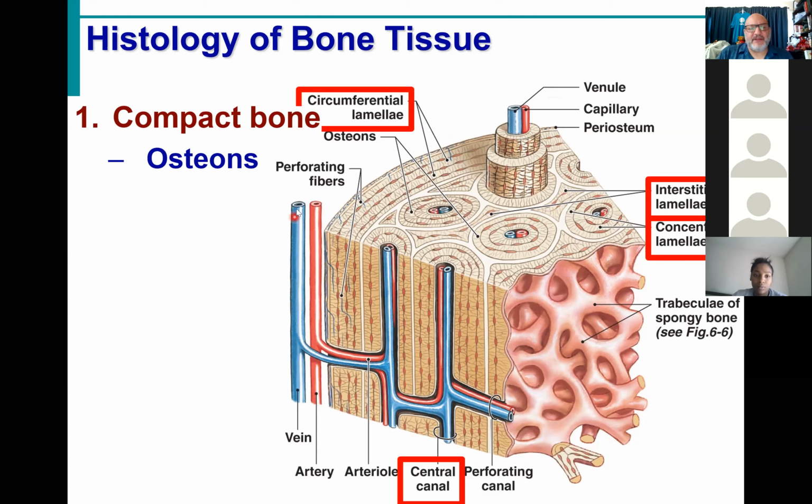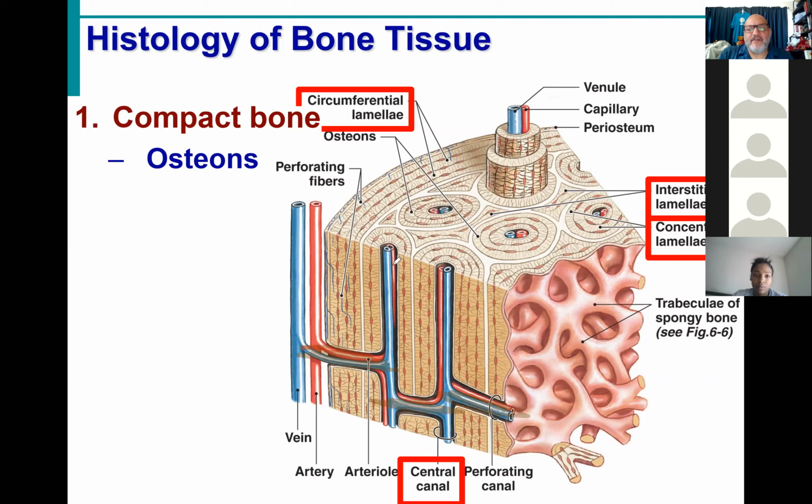So notice what happens is the blood vessels that are outside of the bone need to penetrate into the bone, brown, and also penetrate between the osteons to get inside of the bone.